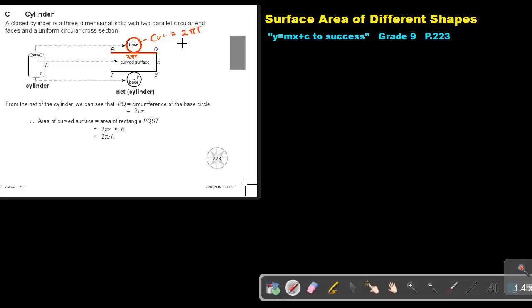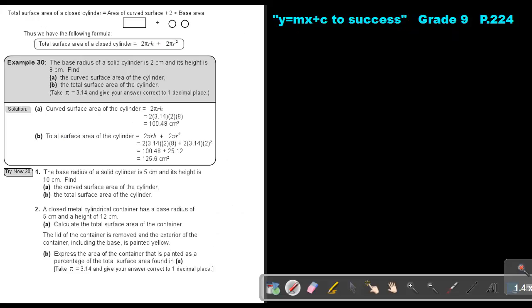So the area of the curved surface is this 2 pi r times the height h, so it's 2 pi r h. That is the curved surface area.